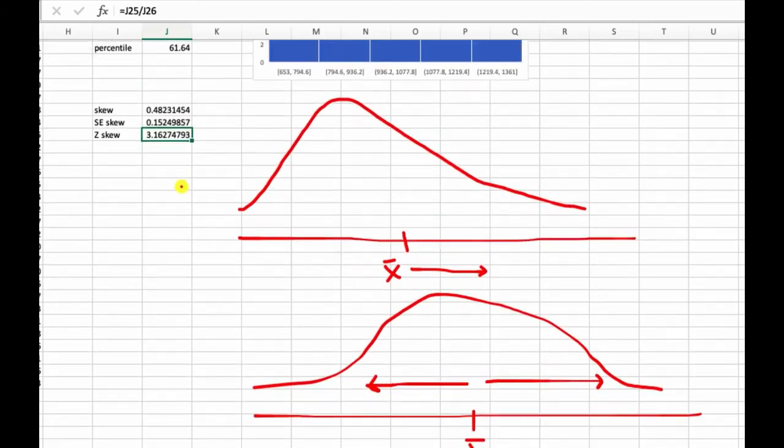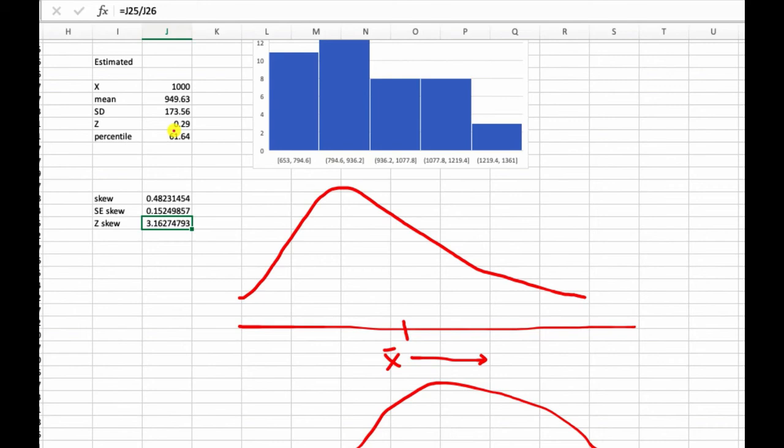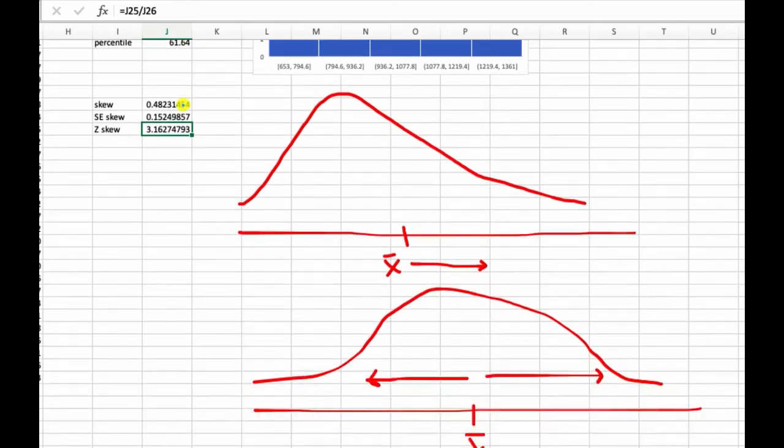So in this normal distribution scenario, we said that 61.64% of our data are going to lie below 1,000. If we take note of what our mean is, that's 949. 1,000 would be just above that mean, right? It's still between the mean and 1 standard deviation, so that's what this is. This is referring to x, which was 1,000.